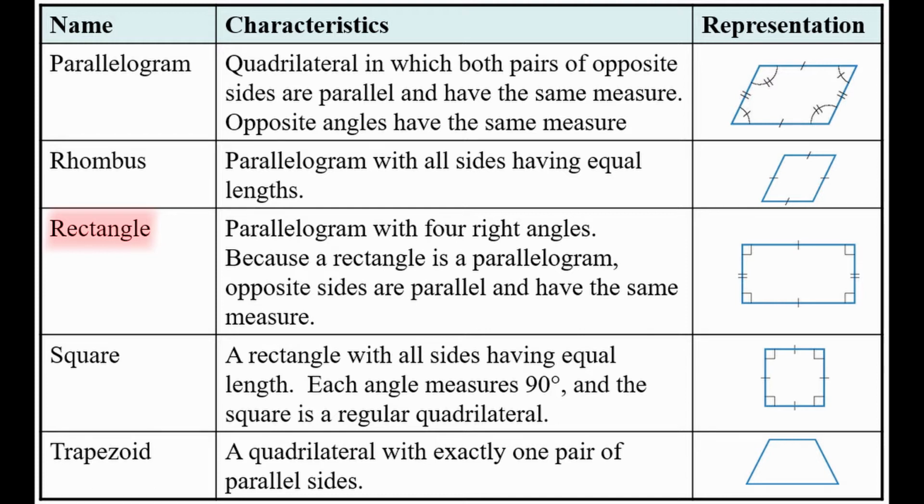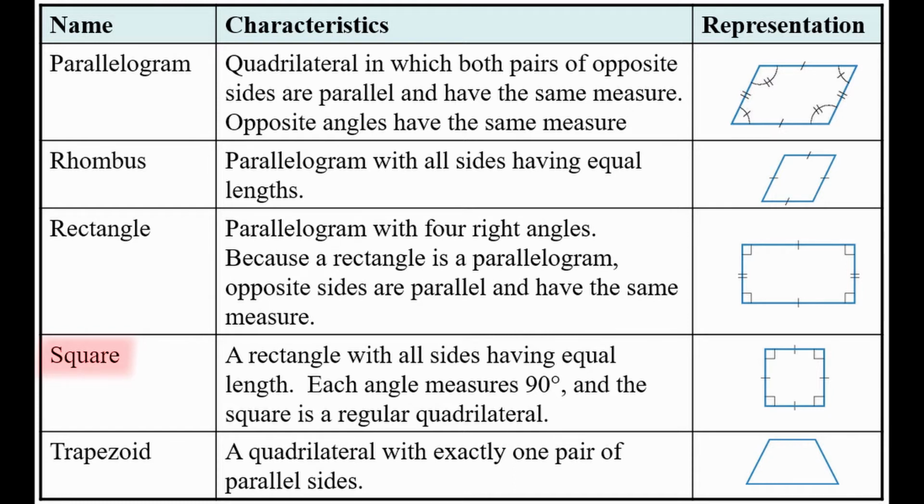And a square would be a parallelogram where all four angles are right, so a rectangle where all four of the sides also have the same measure. So you can consider the square the right quadrilateral or the rhombus with 90-degree angles. There's a bunch of different ways you can think about squares.